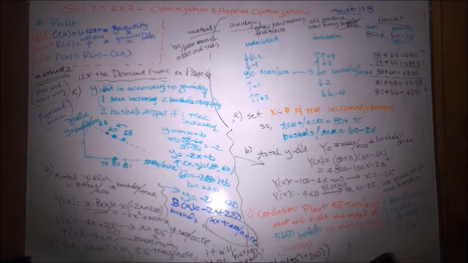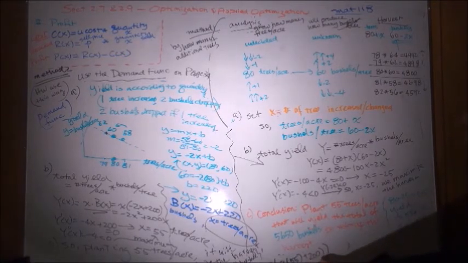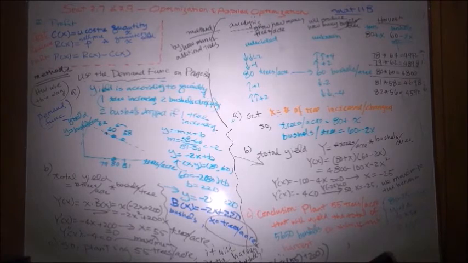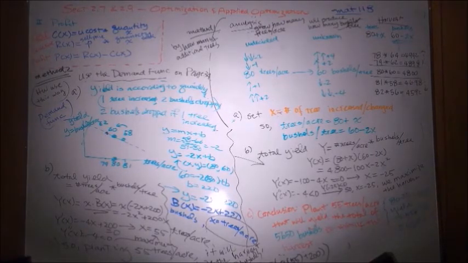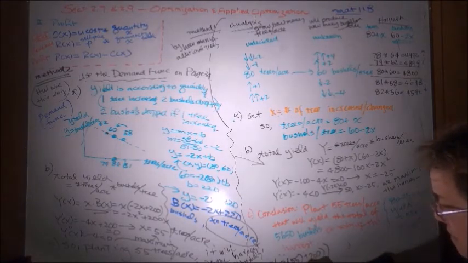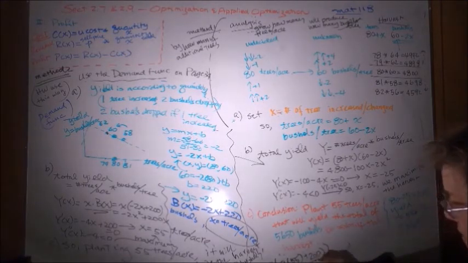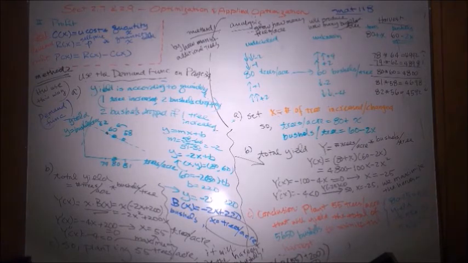So with 25 trees less, each one will produce 50 bushels more than the original 60. That would be 110. Then for 55 trees, so you will have what? 5650 bushels for you.